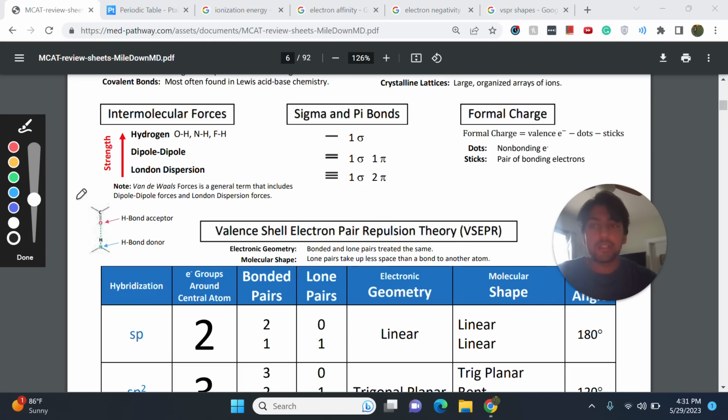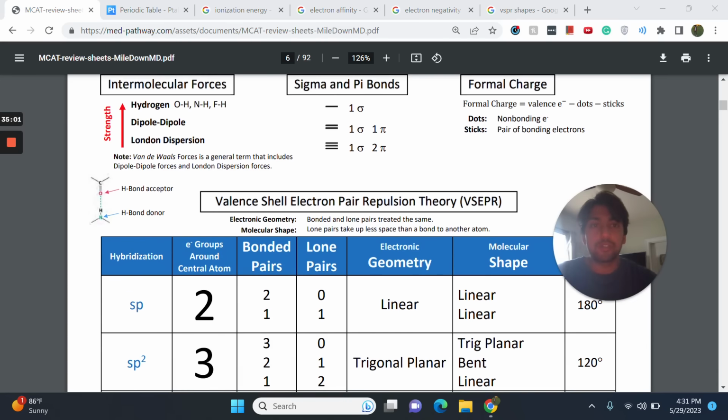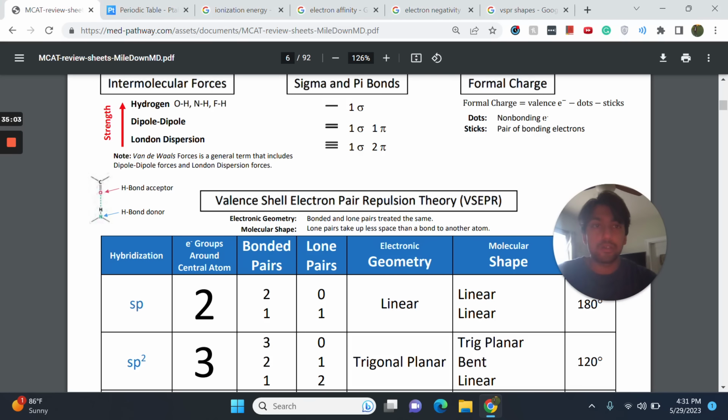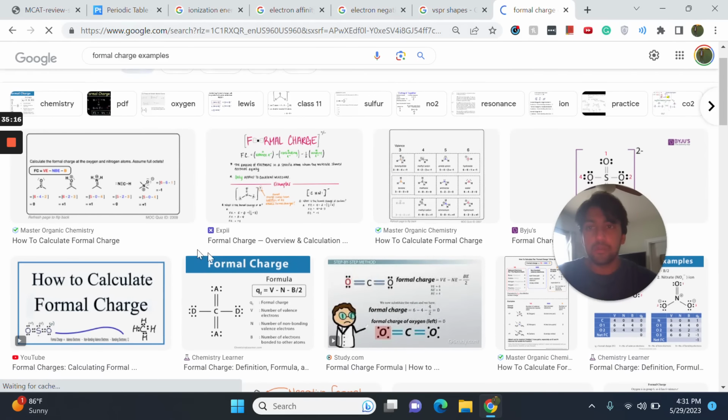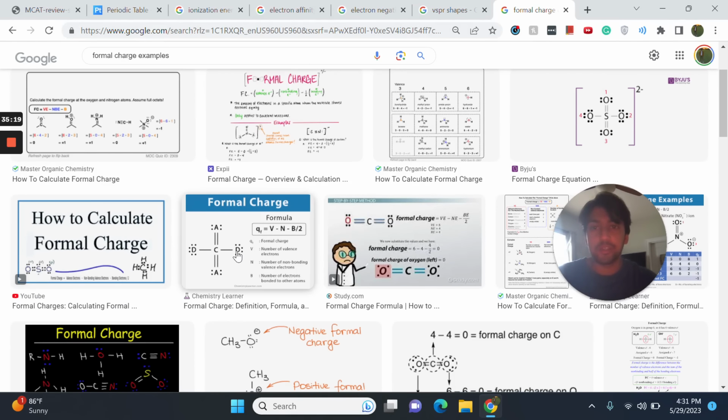Okay, the next thing is formal charges. Formal charges are pretty difficult to understand, but let's look at an example real quick. Formal charge example, right? Okay, so formal charge is when you're looking at something like this, right?